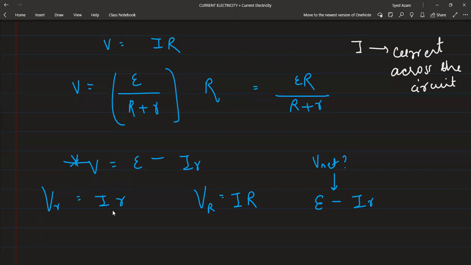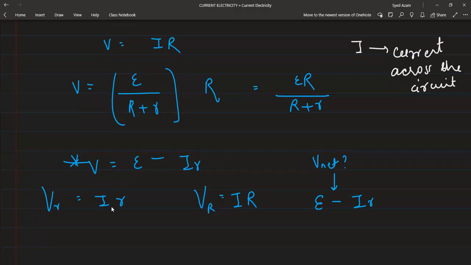If I ask you about the external resistor, then you will say I into capital R, because capital R is the resistance of the external resistor. So I into small r is for the internal resistance's potential, and I into capital R is for the external resistance's potential, right? Now you have I small r, I capital R. That's it. This also comes separately.